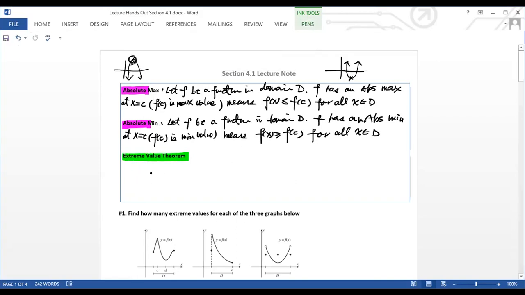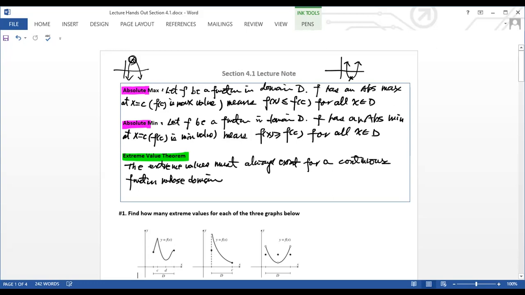So what is the extreme value theorem? It tells you that the extreme values must always exist for a continuous function whose domain is a closed interval.